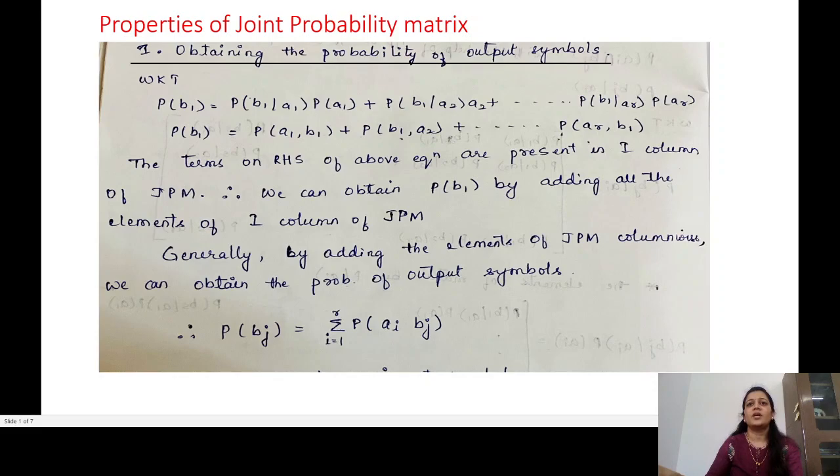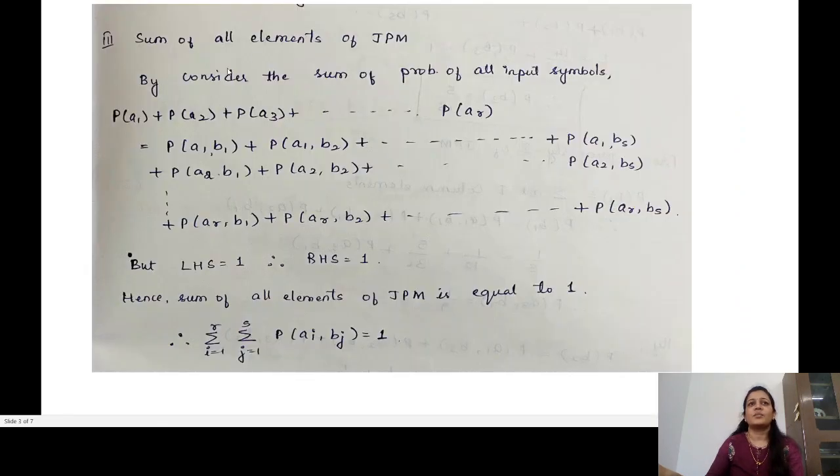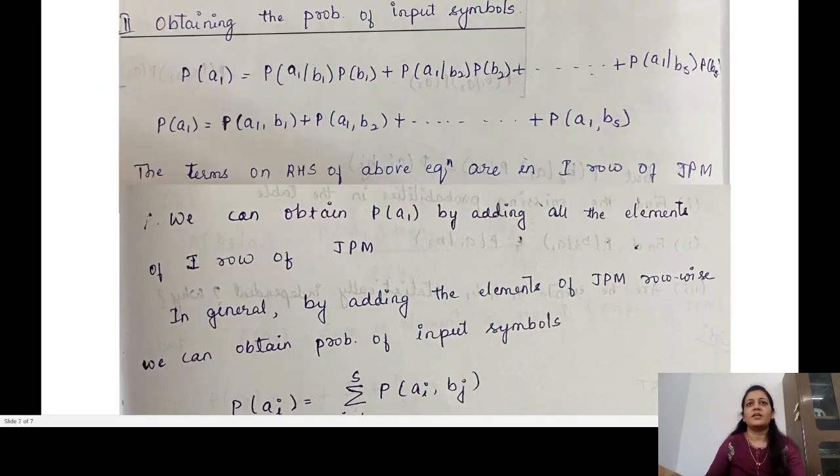Next, coming to the second property, it will tell us how to obtain the probability of an input symbol. For the output symbol, we were considering how to obtain the output symbol probability by adding up the column elements. Now we will see how to obtain the probability of input symbols.